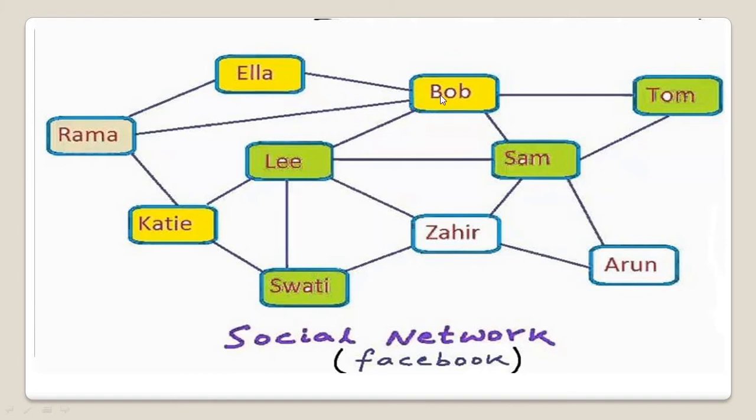These are the vertices, and to connect between Rama and Katy, or from Katy to Swati, we have lines. That is what we call the edges. So the set of edges and set of vertices we call a graph.